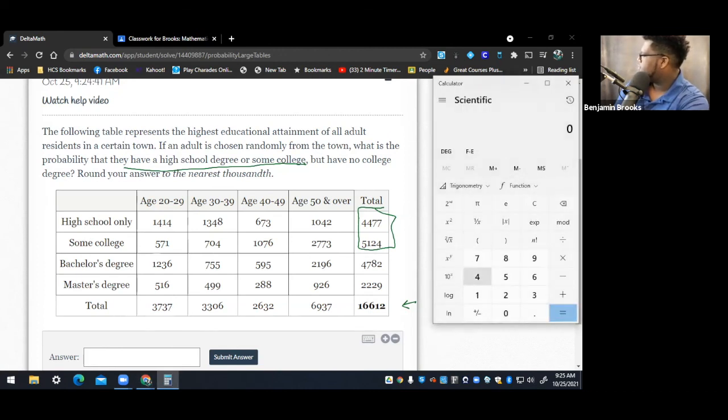So let's see, 477 plus 51, 24. And then we're going to divide this by our total. Which is 0.578 because we're told to round to the nearest 1,000.